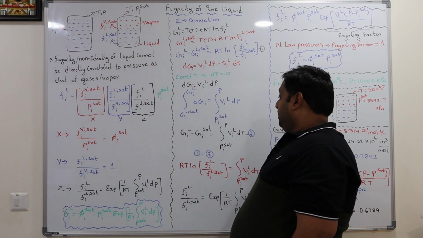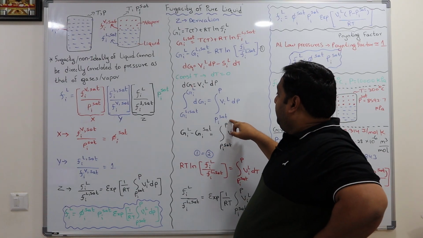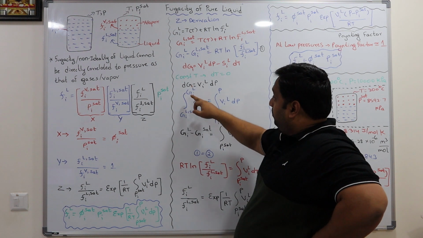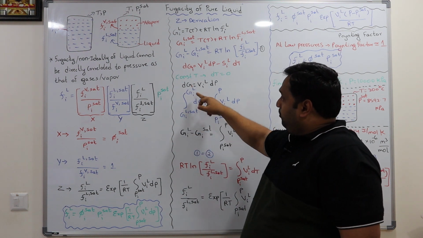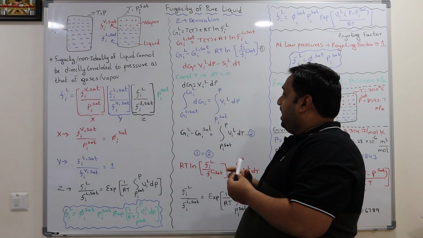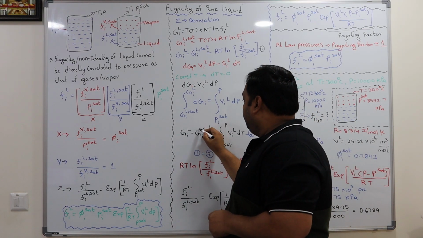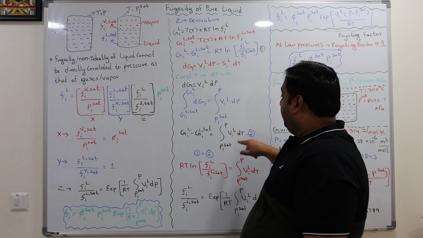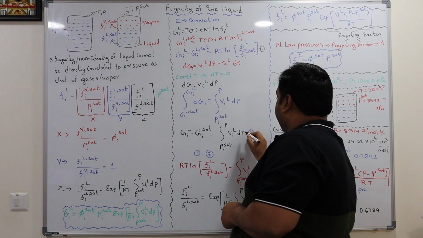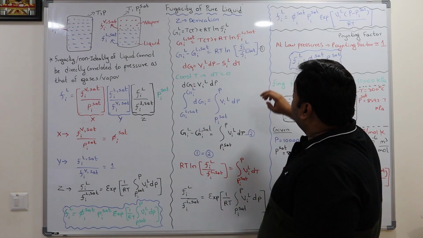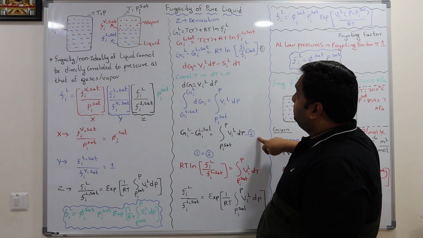Here the limits are P sat to P, and G_i sat to G_i. If you integrate this, G_iL minus G_i at liquid saturated conditions is equal to integral P_i sat to P of V_iL dP. Now you will see these two expressions, expression 1 and expression 2.